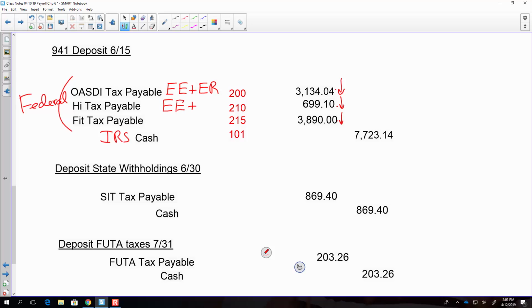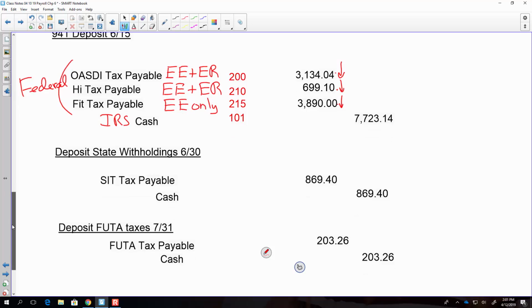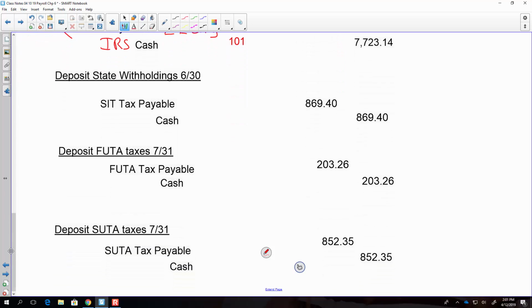That's true of the Social Security and Medicare. Obviously, the FIT is only employee that's withheld. So we're adding not only what was added during the payroll, but also the employer matching. Going forward, we have our withholdings and then both our FUTA and SUTA deposits. These are all on the test.